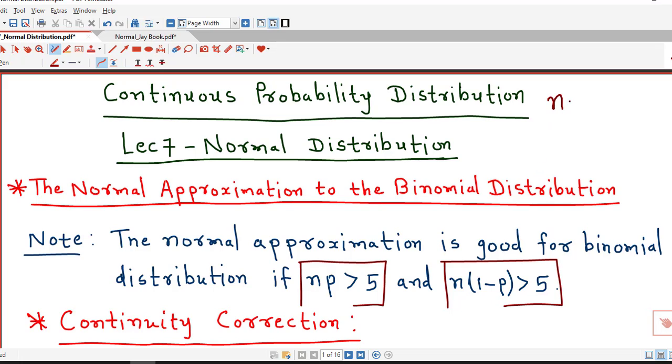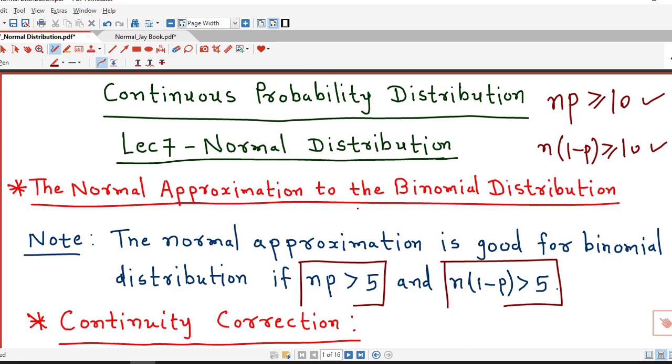Some authors consider this condition as n into p greater than or equal to 10 and n into 1 minus p greater than or equal to 10. So both are valid conditions. Either we can use this as well as this.